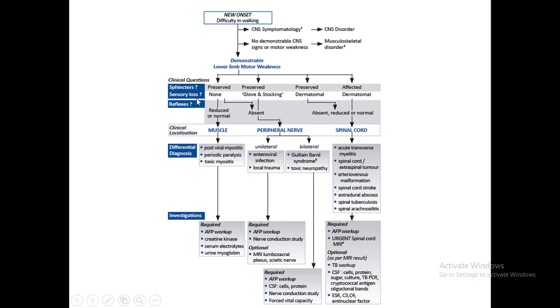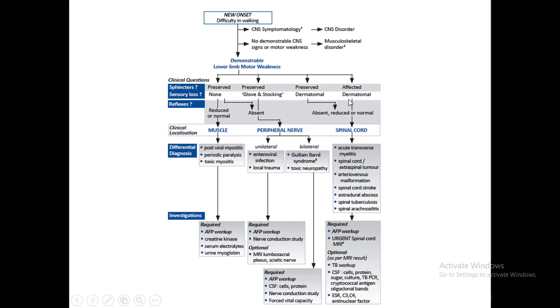And then you will check the sensory loss. But remember that this is difficult to assess precisely and accurately in children. If there is dermatomal sensory loss, the problem is most likely in the spinal cord.